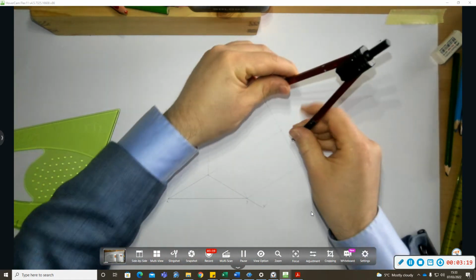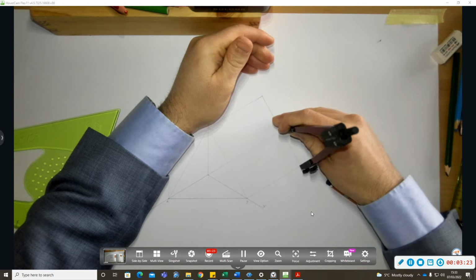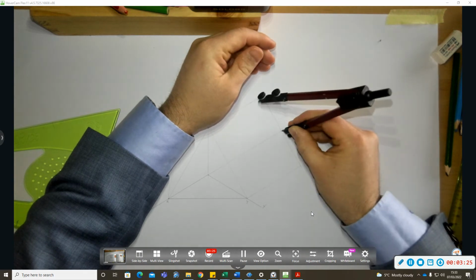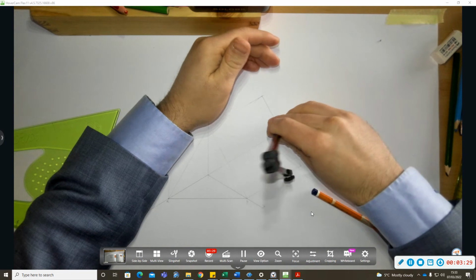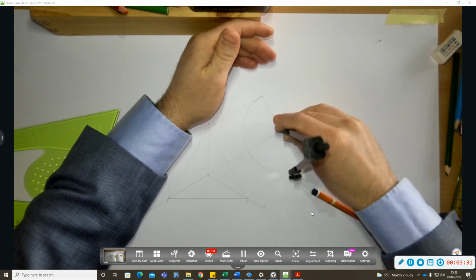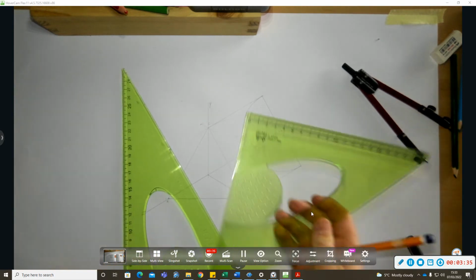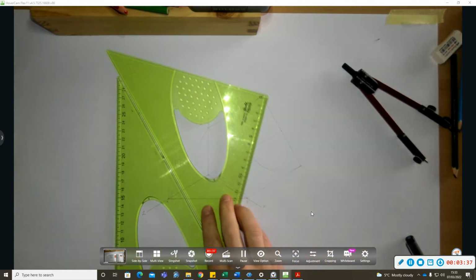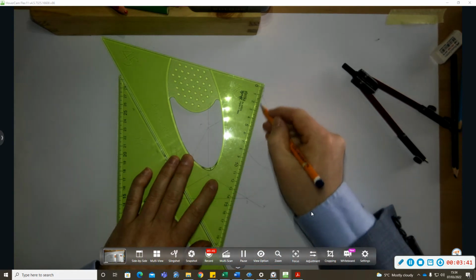I'm going to take my compass, draw in a semicircle, and where that intersects the z-axis, I'm going to connect that to the end point of the semicircle.